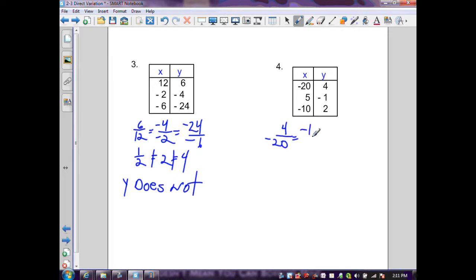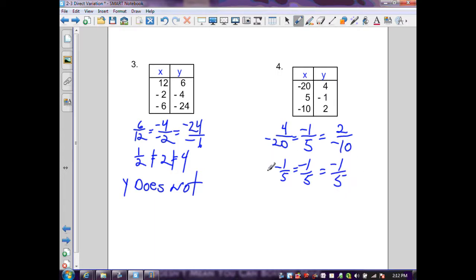Our next example, testing our y over x values: 4 over -20 equals -1 over 5, testing if it equals 2 over -10. When I simplify, this is going to give me -1/5, -1/5, and -1/5.